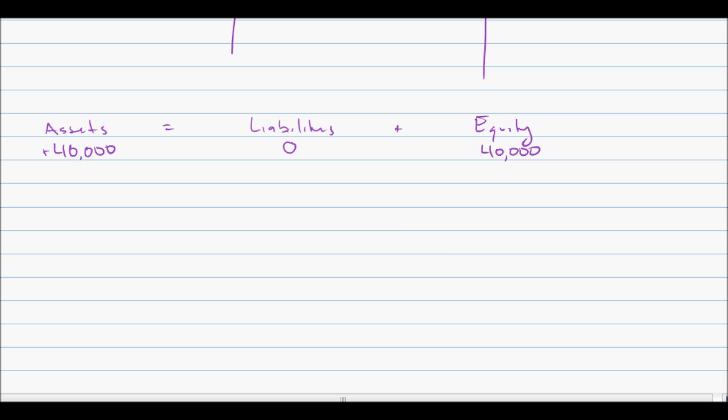The second transaction is we disburse $600 cash for secretary wages. Now we're dealing with cash and an expense account, which would be wage expense. Cash decreases by $600 and equity also decreases by $600. Now, as you can see, again, the equation is still intact.